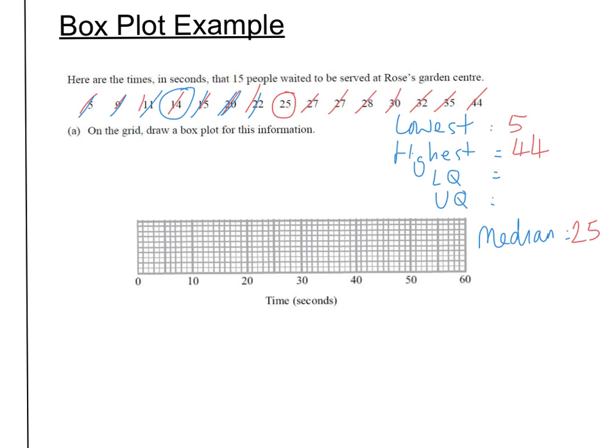So the lower quartile being 14, and then do the same on the other side. So you've got median here. You've got 1, 2, 3, 4, 5, 6, 7 numbers to the right in my data collection from the median, and it's the middle one of those. Okay, so and it's 30. Okay, so I've got all the information I need to complete my box plot.